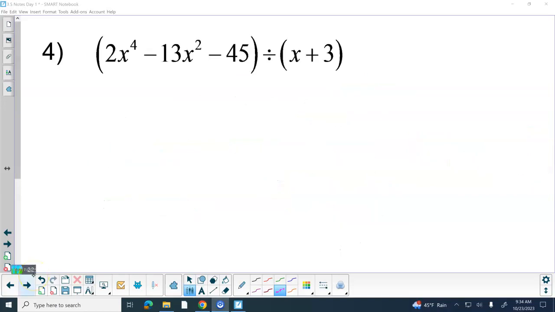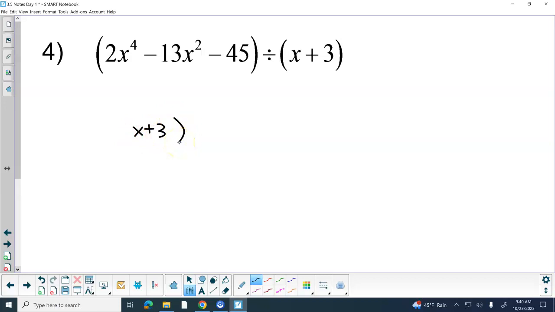One more. Okay. While you're doing this one, I will hand out formatives and homeworks and all that stuff. All right. So this is going to be x plus 3 out in front.